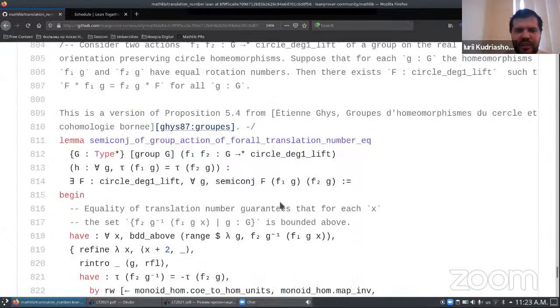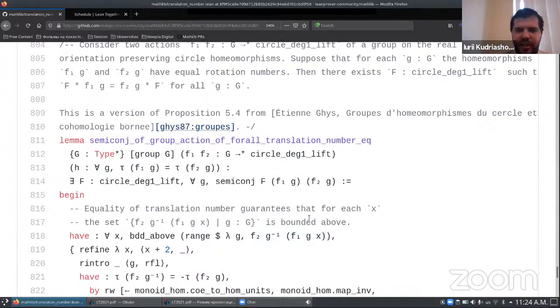And more or less, the idea is to get f of x equals the infimum or supremum of this thing. You apply f1 of g, then f2 of g inverse.